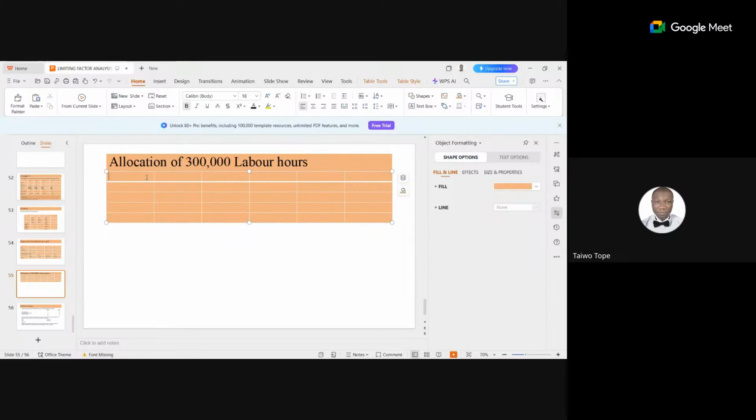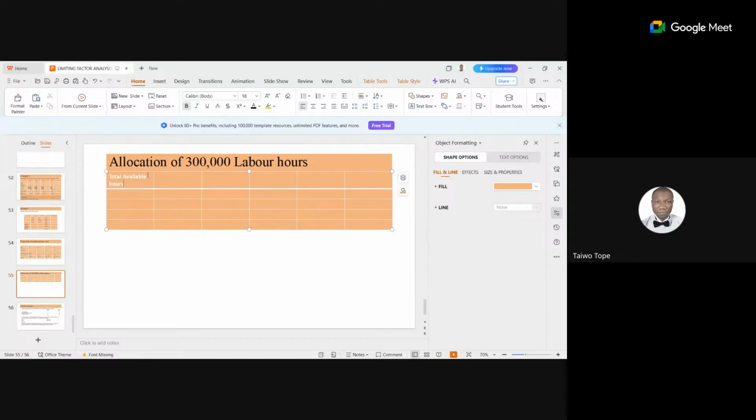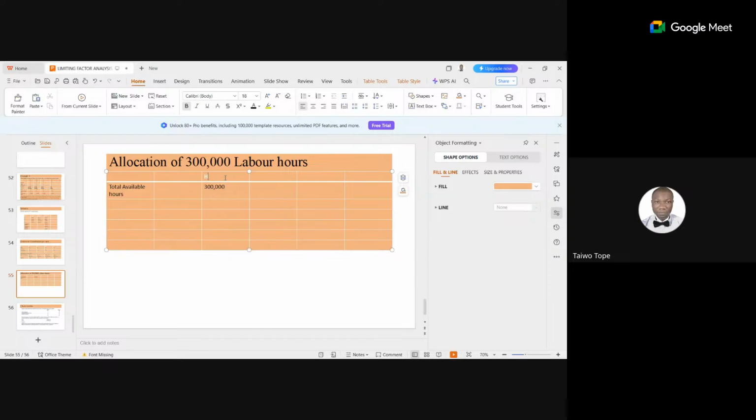Total available hours is 300,000. This is hours.